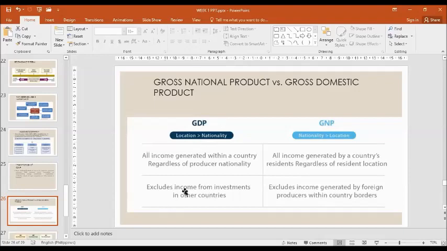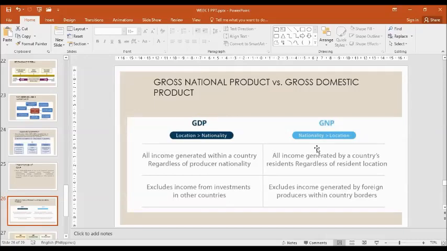And it excludes income from investment in other countries. So all the production or income within the country is what the gross domestic product speaks about.